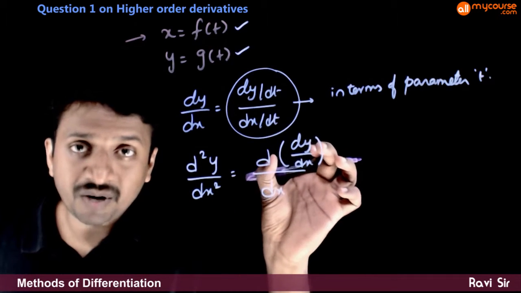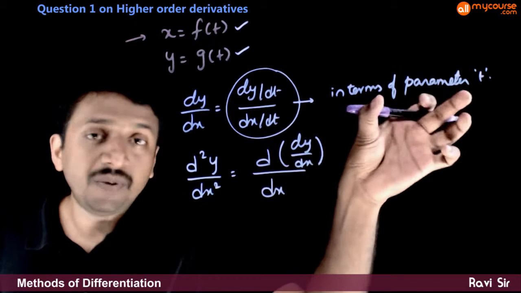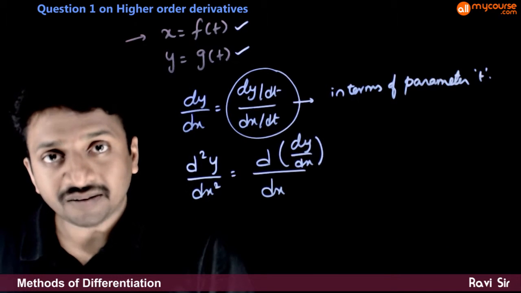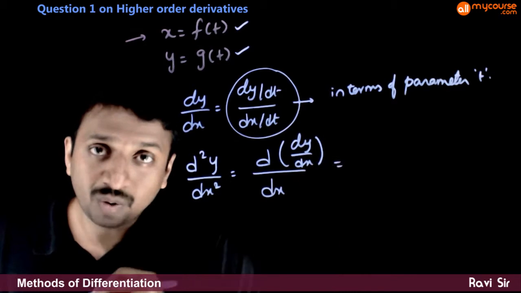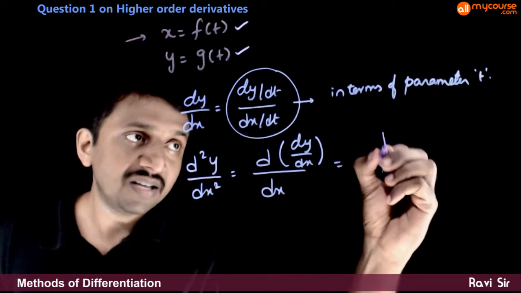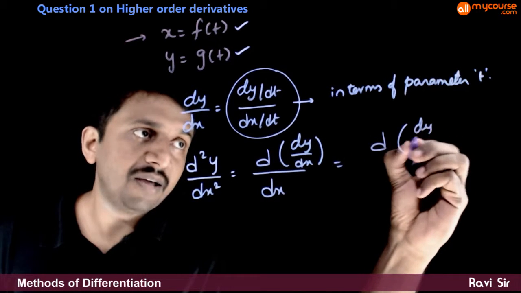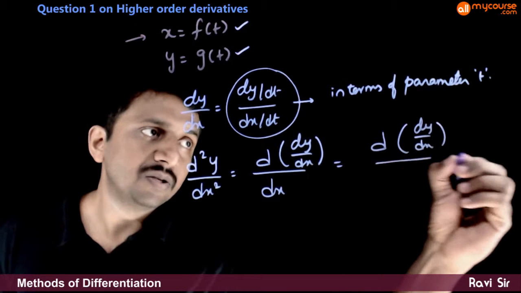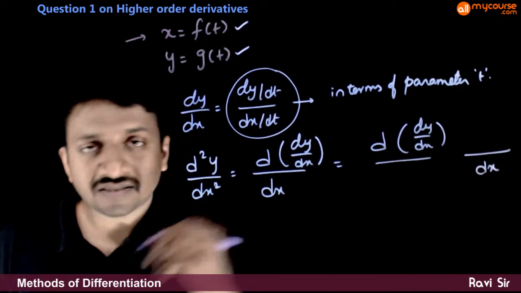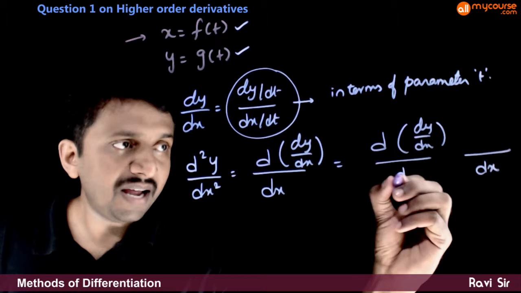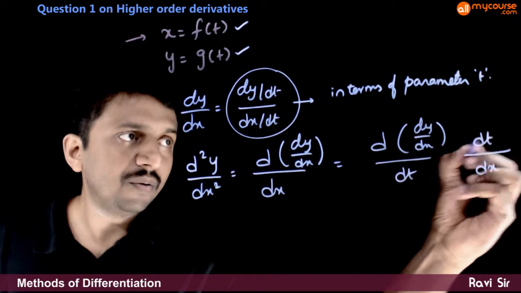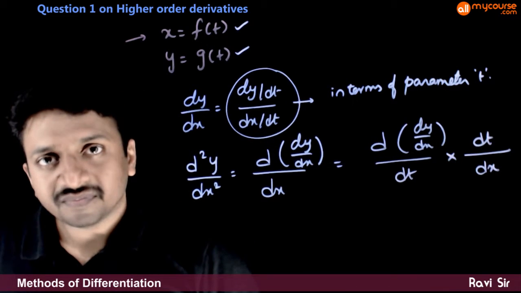But in parametric functions, dy by dx will be in terms of parameter t. So, what we do for this simplification is, so d of dy by dx, I separate this dx and I divide and multiply with dt.